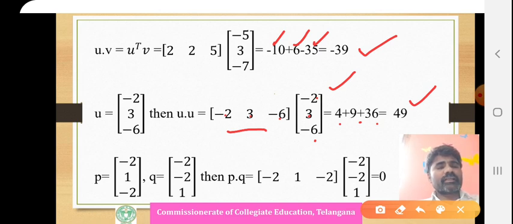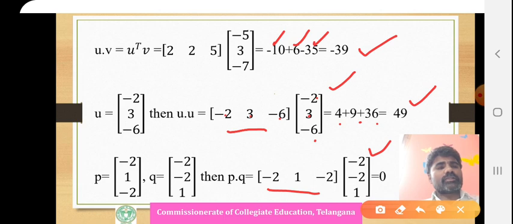Similarly, we can take one more example, p and q. p is the vector minus 2, 1, minus 2, and q is the vector minus 2, minus 2, 1. Then p dot q equals p transpose q.